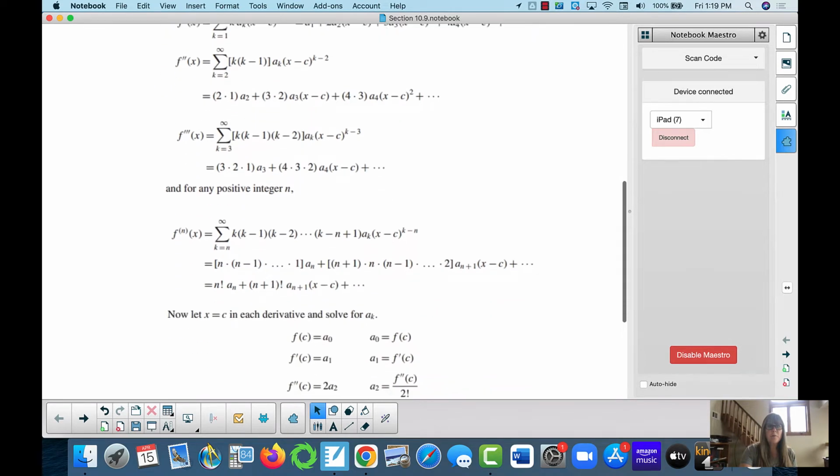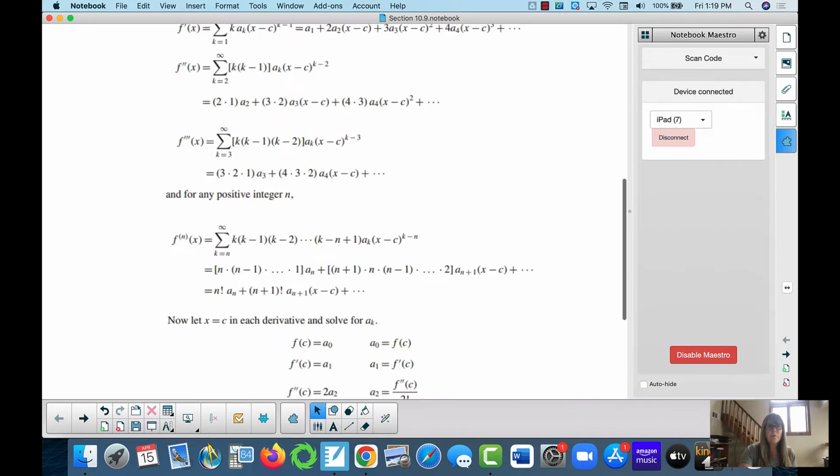So we can conclude that for any order derivative, if we do the nth order derivative, then we would keep going in this series just like this pattern, where we'll have k times k minus 1 times k minus 2 all the way to k minus n plus 1.